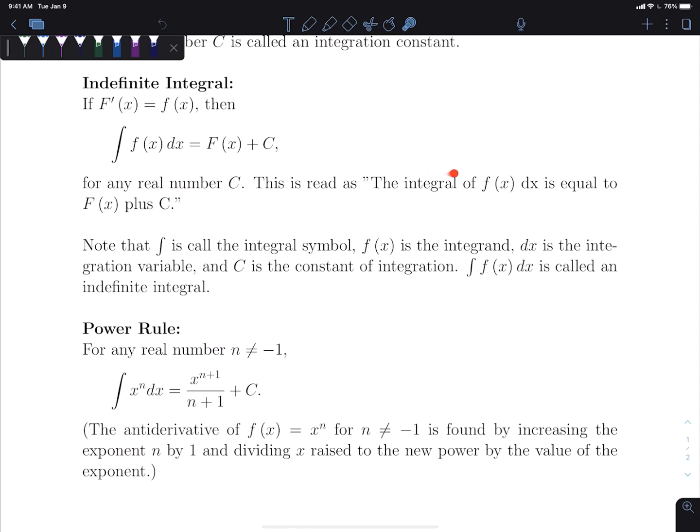So this is read as the integral of f of x dx is equal to capital F of x plus c. This symbol right here is the integral symbol. Little f of x is called the integrand, and dx is the integration variable. Capital C is the constant of integration. Now, taking this entire thing together, the integral of f of x dx is called an indefinite integral.